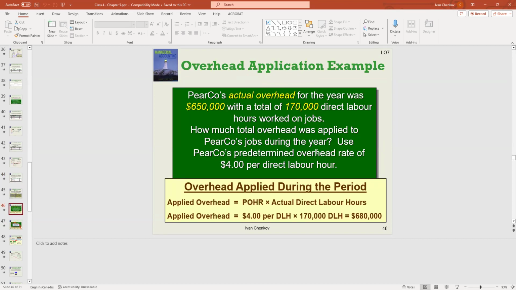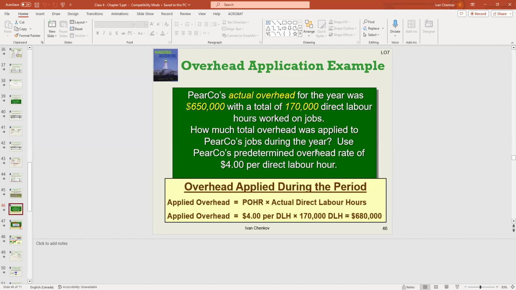Let's see what happened with this company. The actual overhead, or the debit on the manufacturing overhead account, is $650,000. How much did they apply?